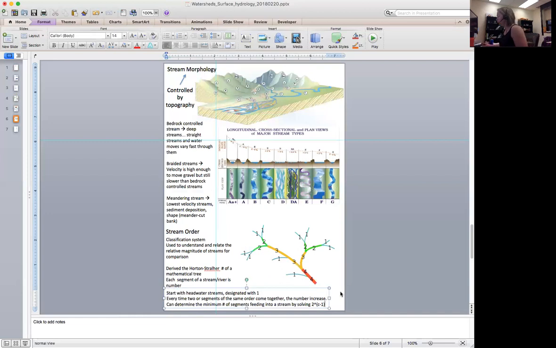And C minus 1 is just the number of segments that you have, or the order that it is. That's the minimum number of segments you need to create a stream like that. So it gives us a really good understanding of that system itself.